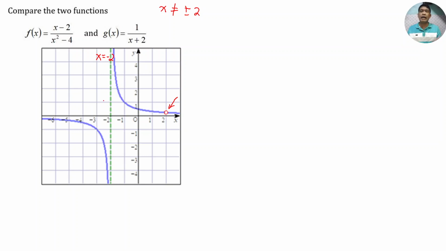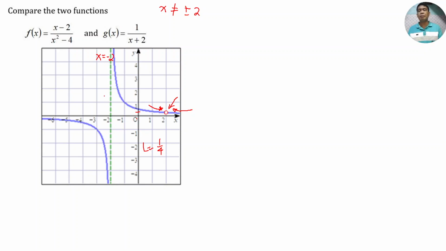But kung babalikan natin yung na-discuss natin kanina, yung value na na-approach natin as it gets to x is equal to 2 ay napupunta lang sa iisang unique value ng y, which is in between 0 and 1. So we can approximate it here as, say, 1/4. So the value it approaches is a defined number L, which is 1/4.